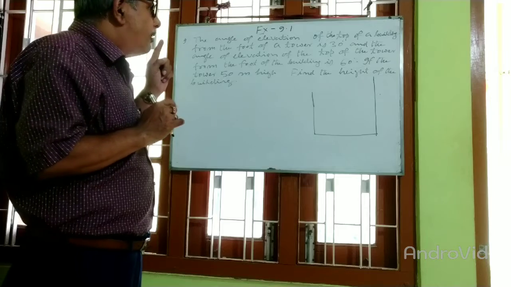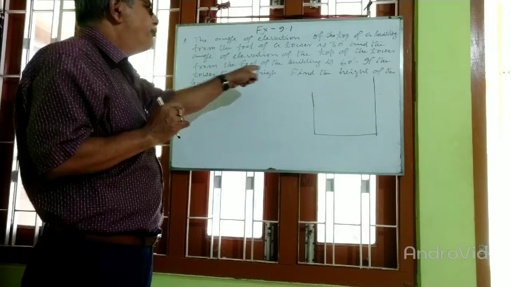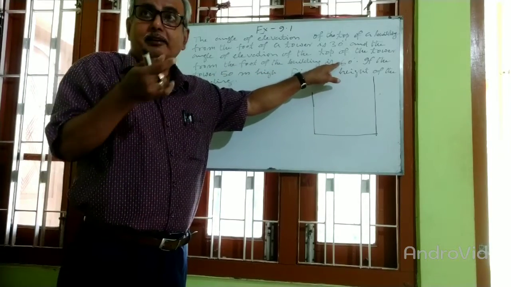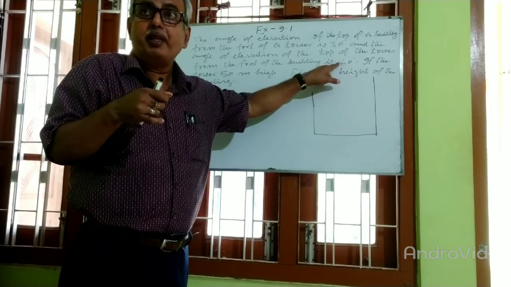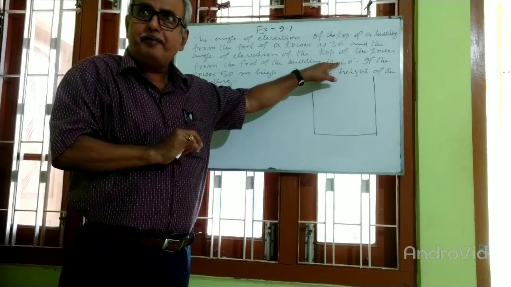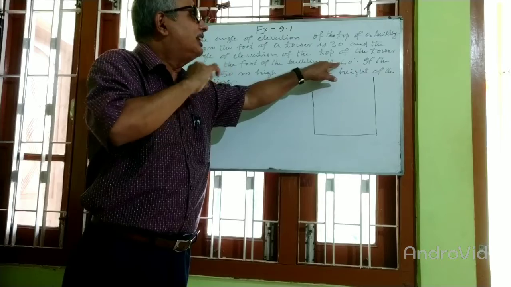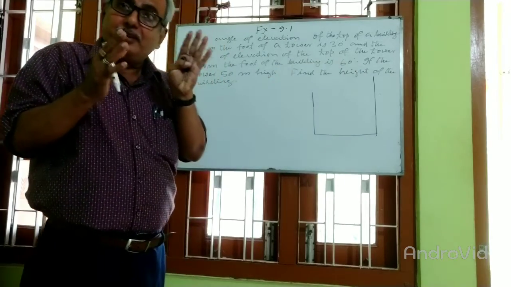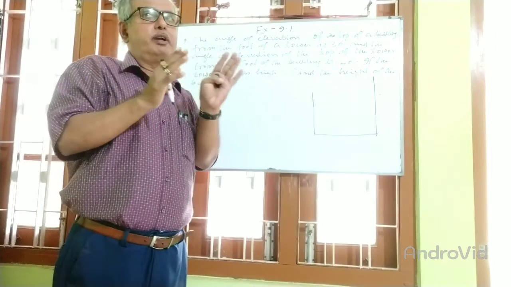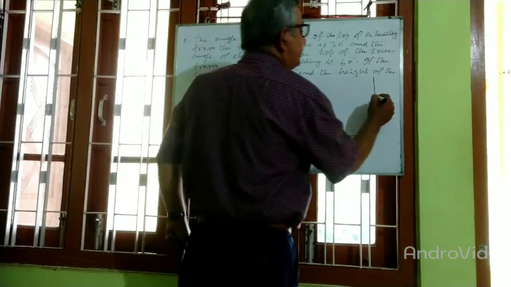To see the top of the tower from the foot of the building, the angle of elevation is 60 degree, a larger angle of elevation. But when you are seeing the building from the foot of the tower, the angle of elevation is smaller, that is only 30 degree. So by seeing the angle of elevation, we can consider which one is taller and which one is smaller. So I am writing here tower.